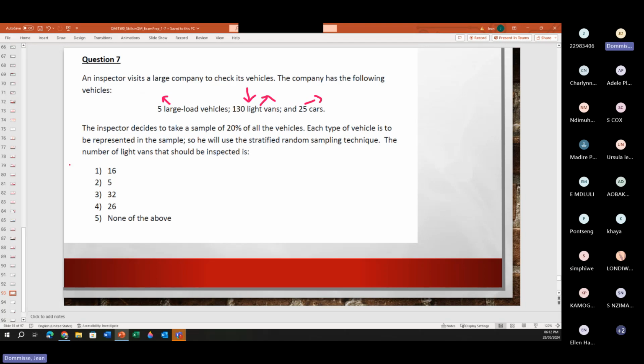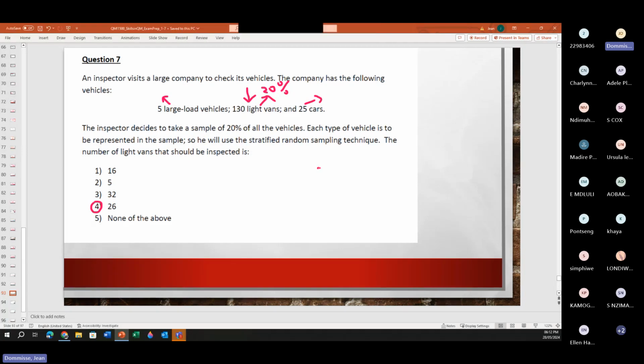But we only want the number of light vans, so we can just say 20% of the light vans will be our sample for the light vans. So 20% times 150 is 30 light vans.